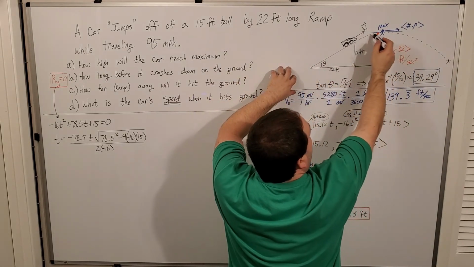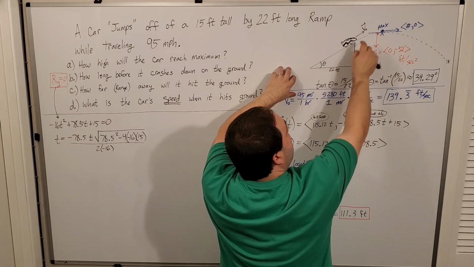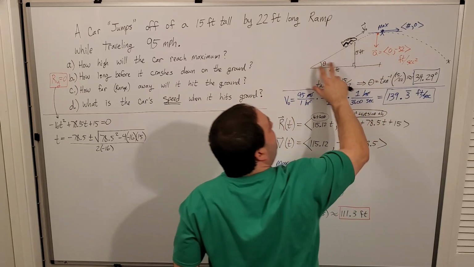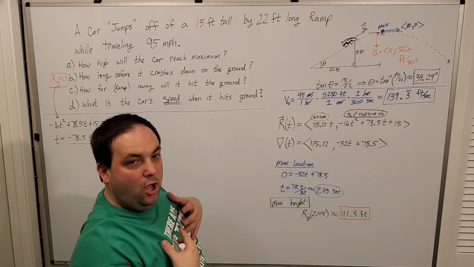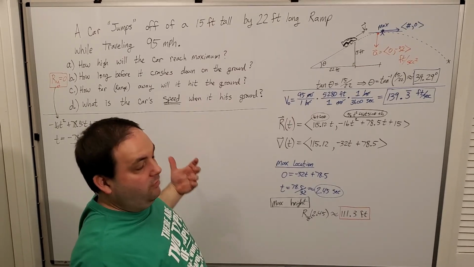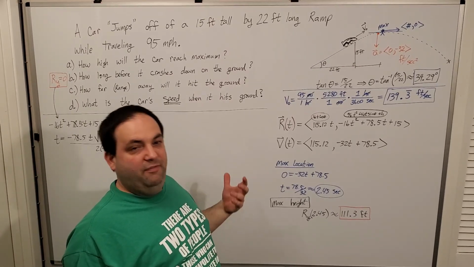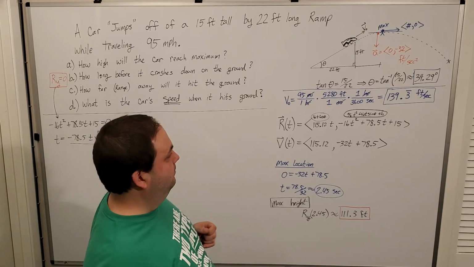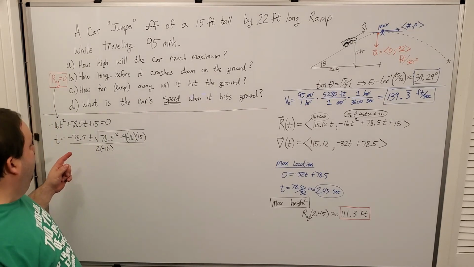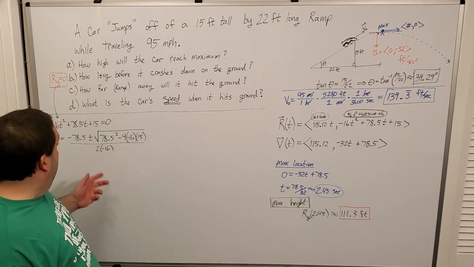If you were to take this parabola and progress it negatively, it would be the level of the ground over here. But that piece of the parabola doesn't exist for us. That's before he left the ramp, and therefore there was no path before the ramp. It doesn't make sense. So one of these two answers is going to be nonsensical. The negative one, naturally.